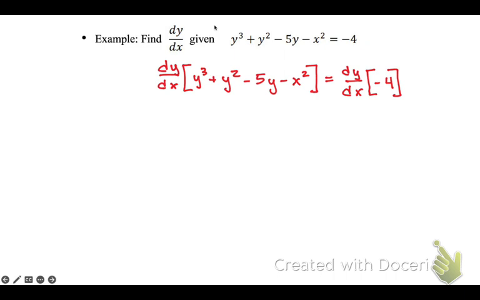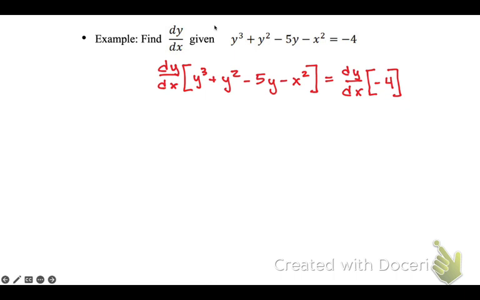Differentiate both sides with respect to x. So we set it up. On the left side, we're just going to go through each term. There's no product, quotient, or chain rule going on, but those will happen. You just have to identify and do them.